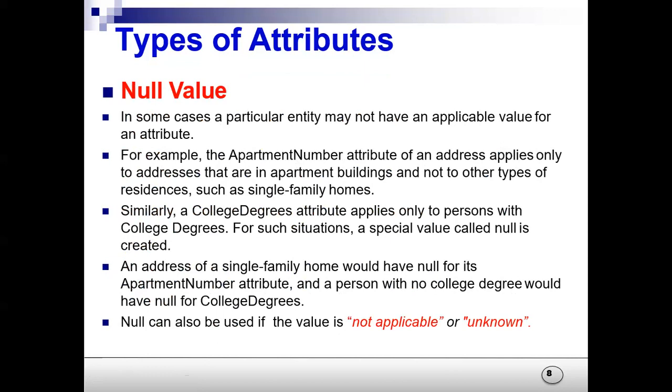It should accept null; it should not be that it must always have some degree. Similarly, for someone living in a normal single home, it is useless to have a flat number in their address, so the field should accept a null value. If you do not have null values, there will be a problem. So null values are used wherever the value is not applicable or is unknown. Clear?